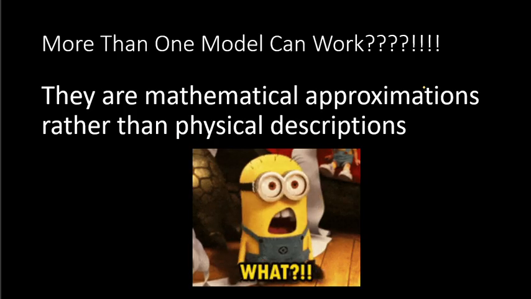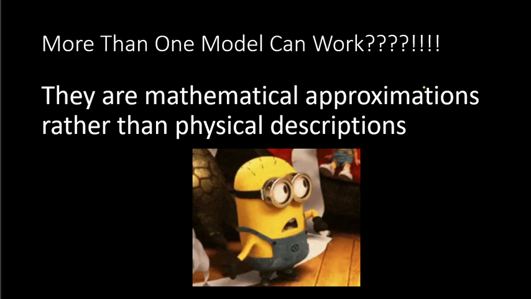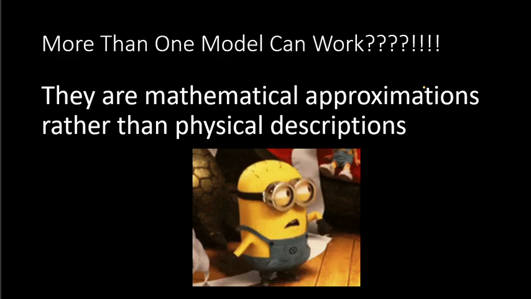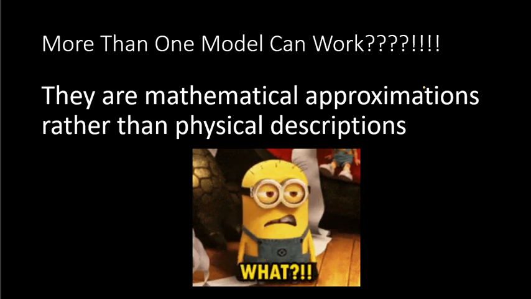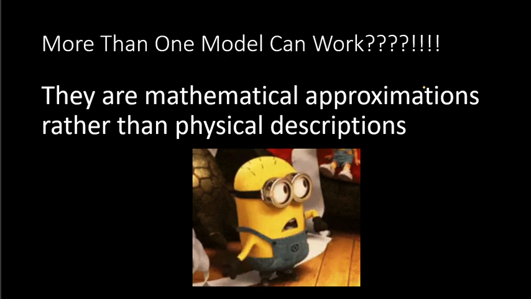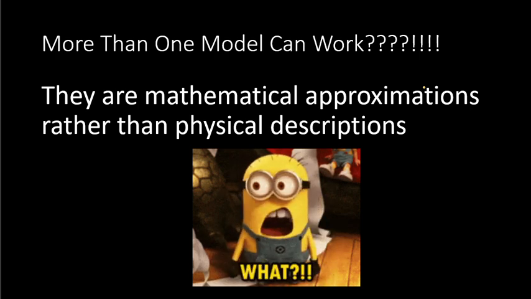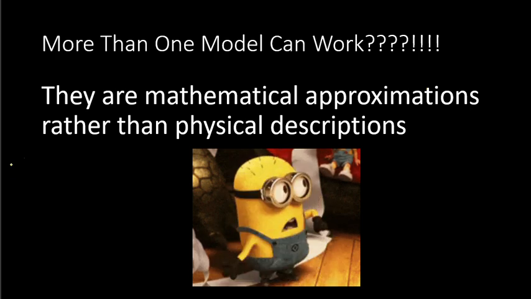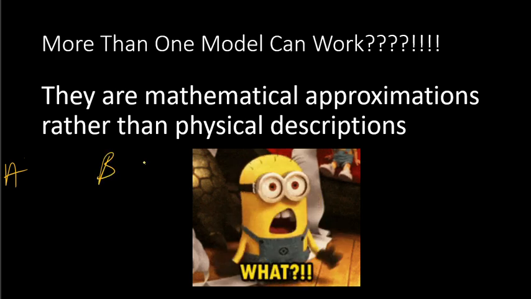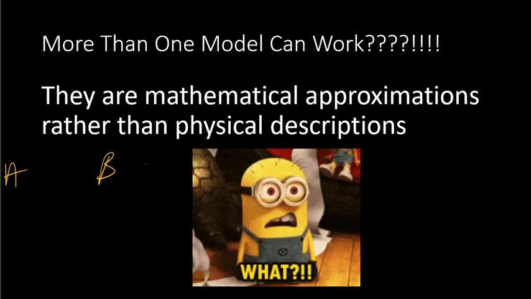However, an interesting feature is that with empirical modeling, there often is more than one correct model. Different combinations of circuit elements may produce the exact same terminal characteristics. For example, model A and model B may both predict identical collector and base current.